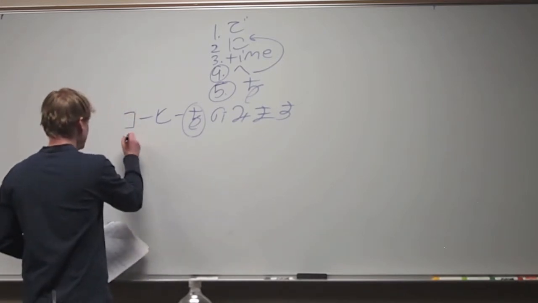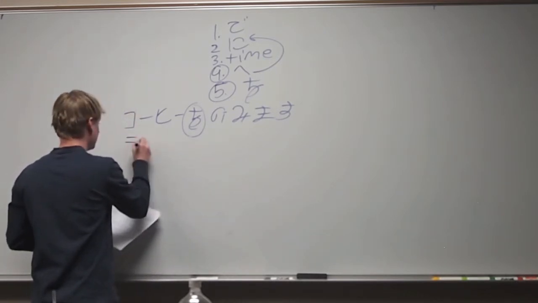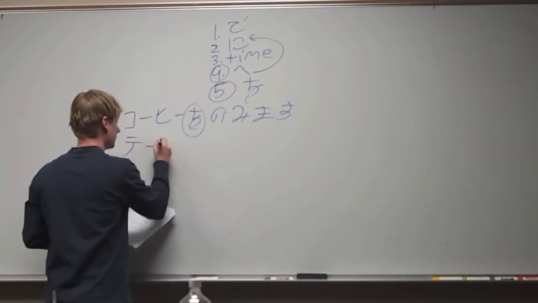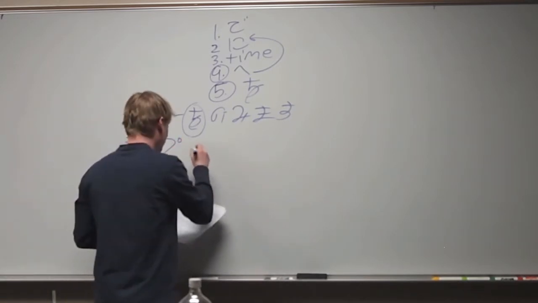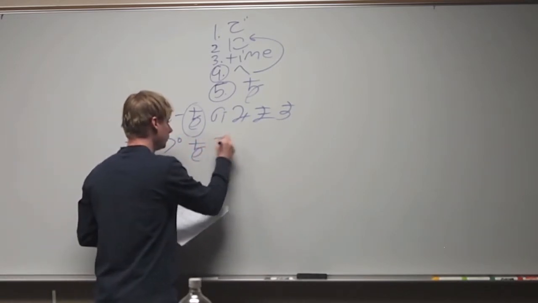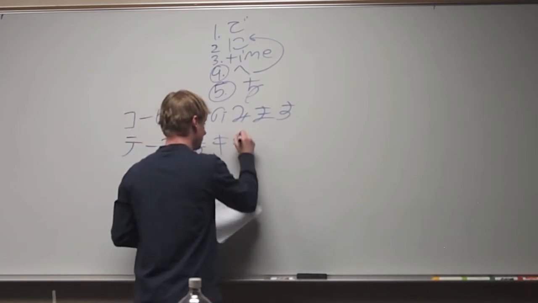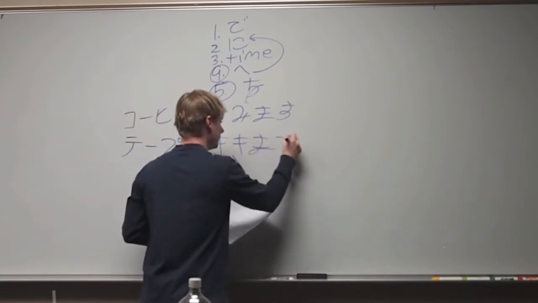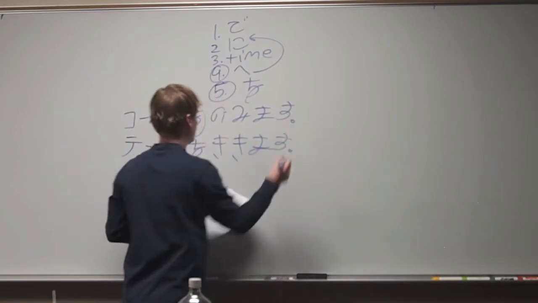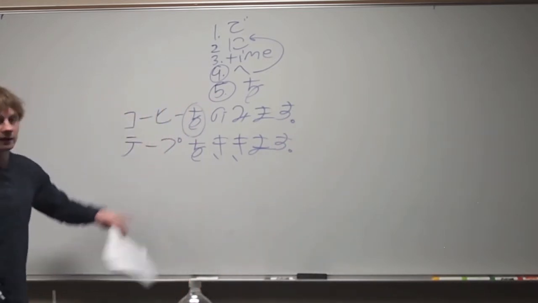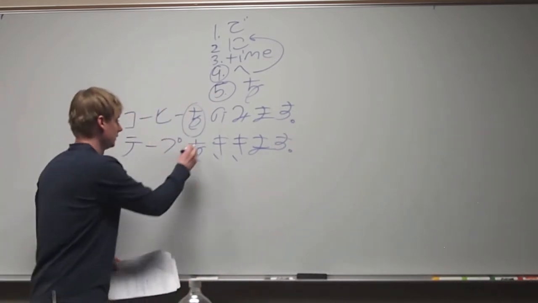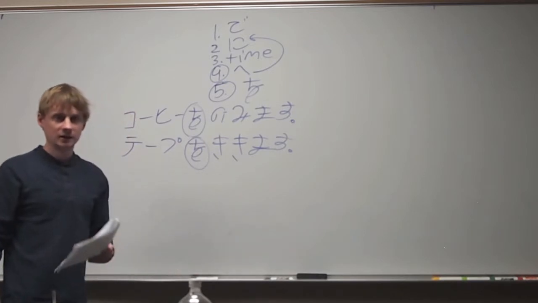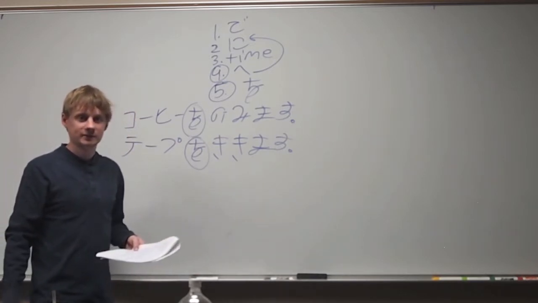So o, or wo as it's supposed to be, marks your direct object. Okay, so then you have teipu o kikimasu. Okay, and this says what? I am listening to a tape.